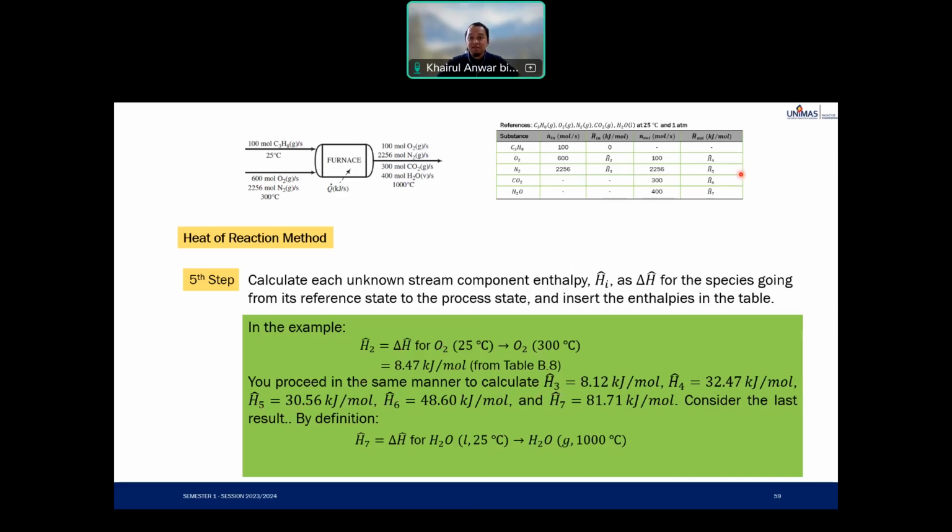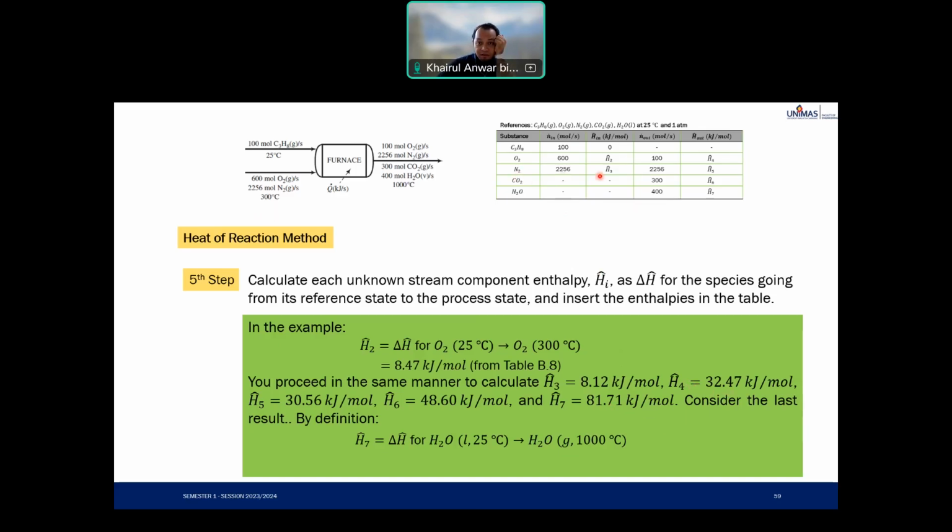H3 is nitrogen, which is also included in Table B8. For 300 degrees C, because 25 is the reference, we need to find nitrogen at 300 degrees C. Refer to Table B8, 300 degrees C, 8.12.